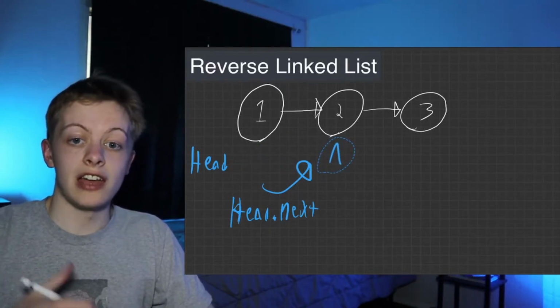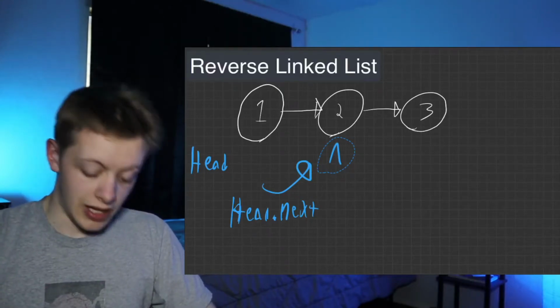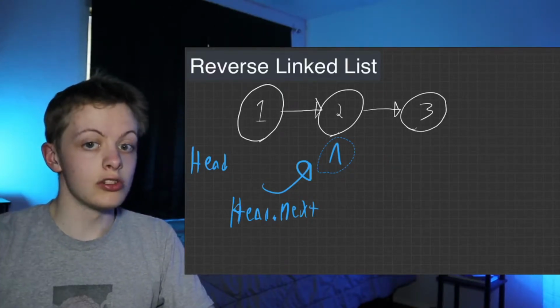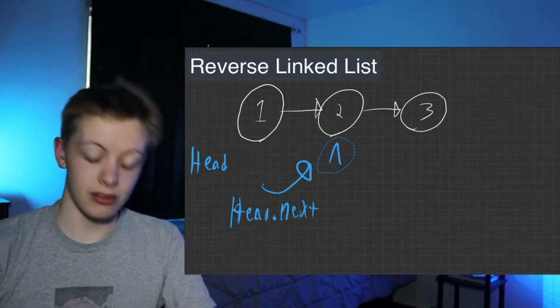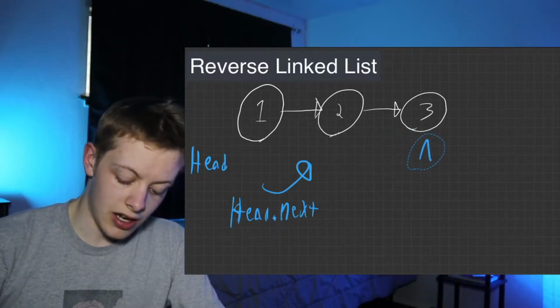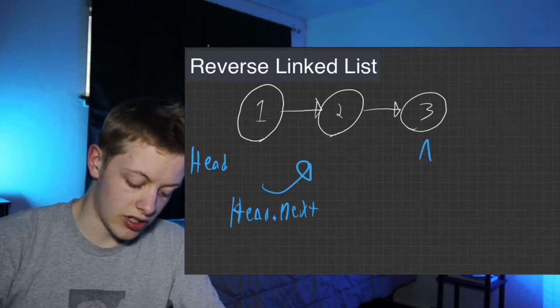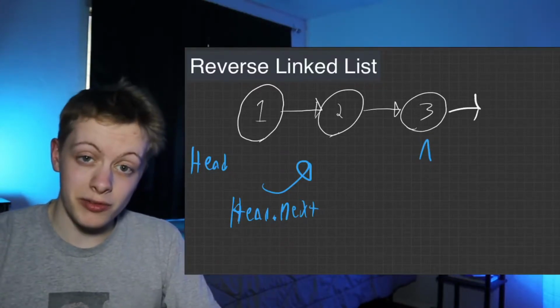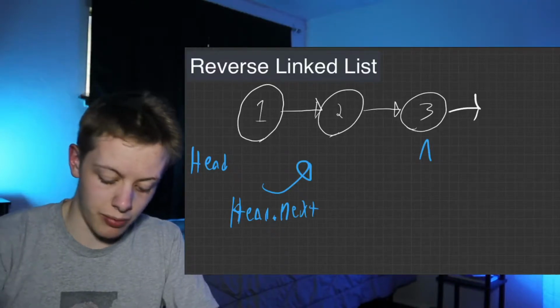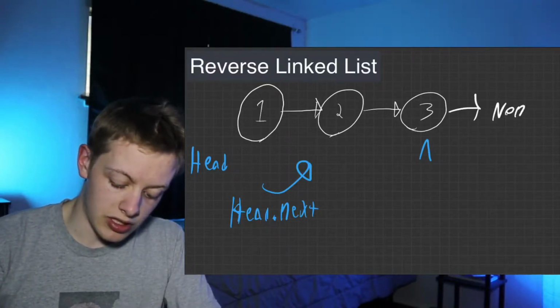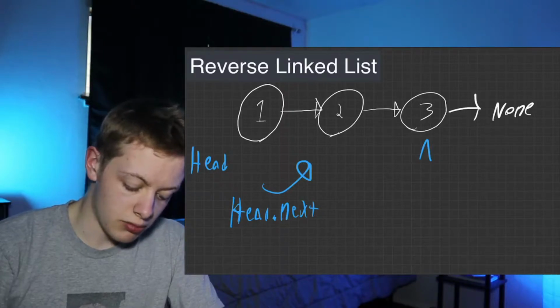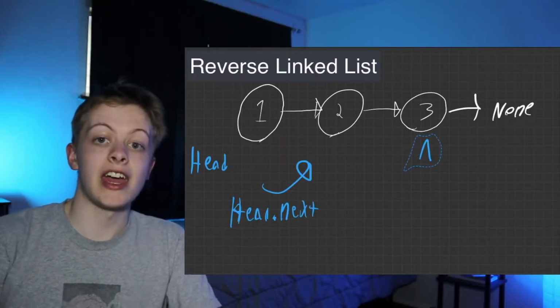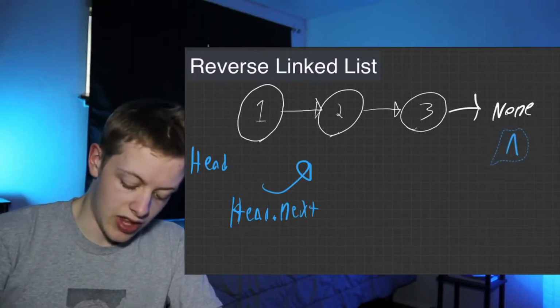So now head is equal to our node of 2, and so now we can do head.next, and that's going to get us to 3. And then technically, one thing I missed initially, and didn't show you guys on purpose, is 3 has a .next property, except it points to none. And that's super important because we know when head is equal to none, that means we've reached the end of the list.